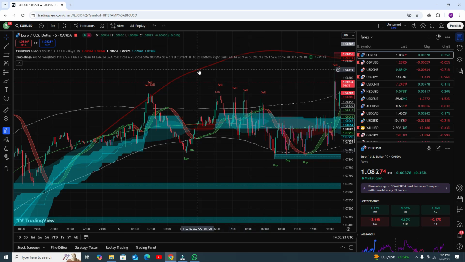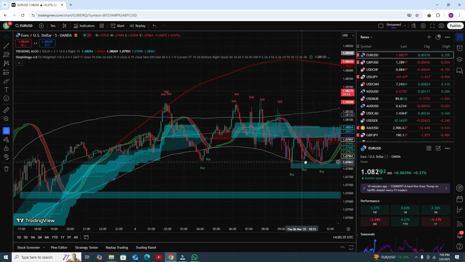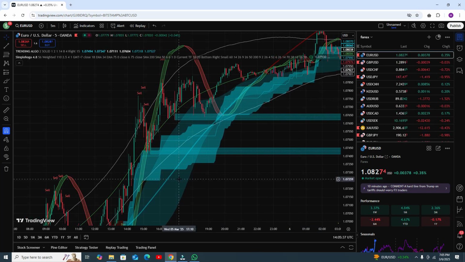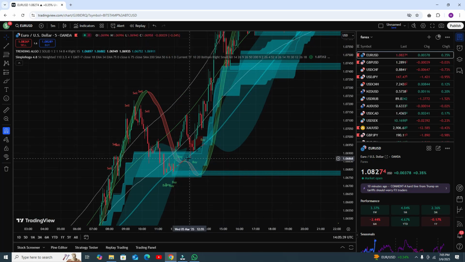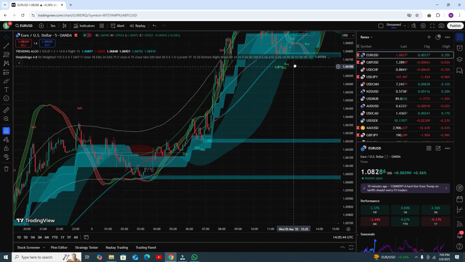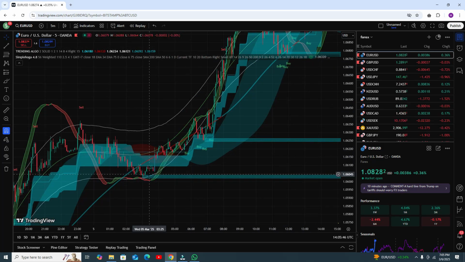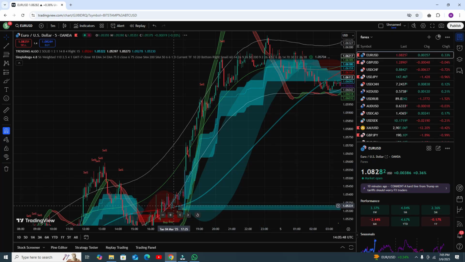Now the trend line is red, and the clouds are blue, so that is not a strong signal, that is a weak signal. Okay, and you can follow and get profit easily. That is awesome, strong buy conditions. Okay, strong buy signal.